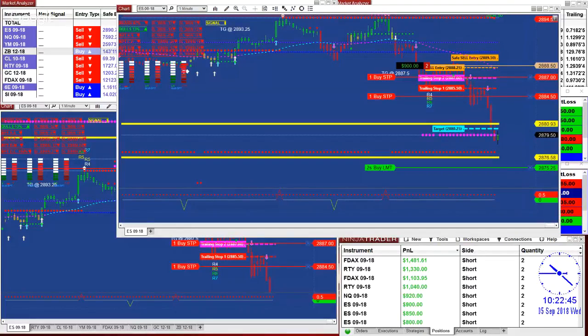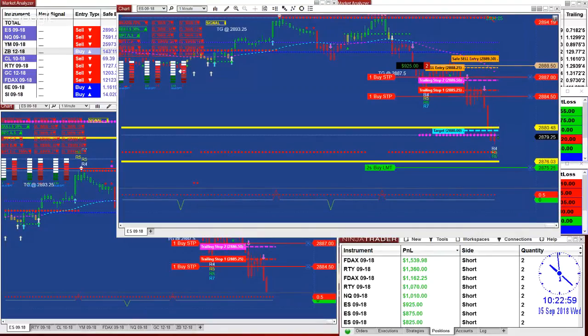Now, if we notice, the 30-year Treasury bond on the market analyzer is in the opposite direction of the ES, Nasdaq, and YM. Now the market is in sequence, and that's why immediately you will see a lot of results in there.